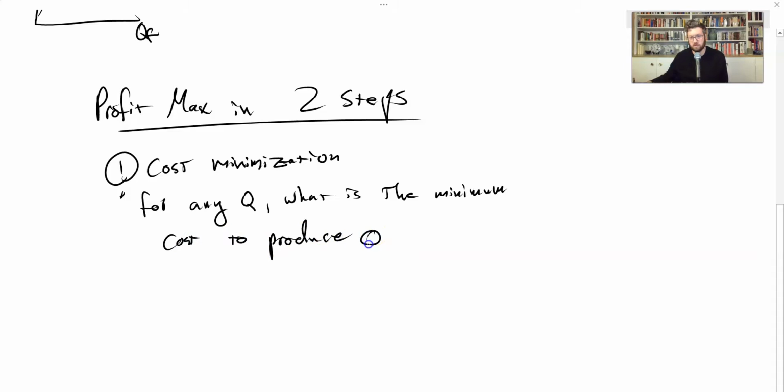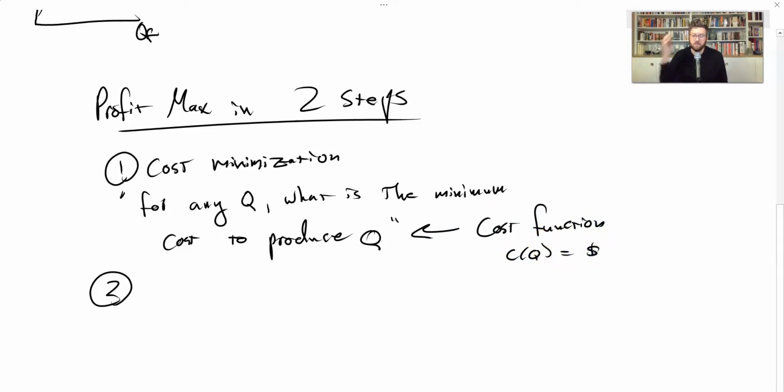Once we have that, this thing is called a cost function. It looks like this: a little c with a q in it, and it tells us, for any q, the cost to make it if you operate as efficiently as possible.